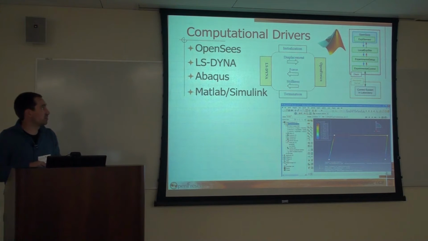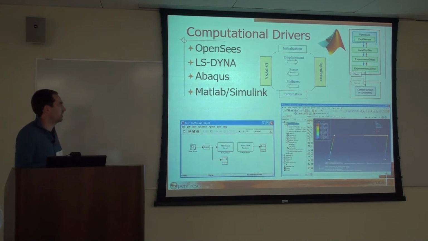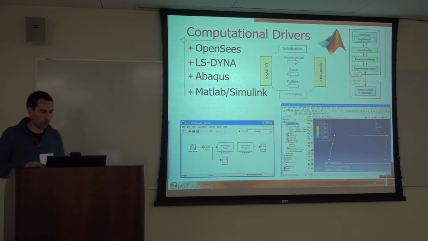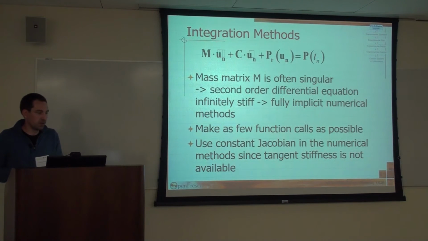We can do MATLAB and Simulink, so if you have your own implementation of your structure in MATLAB or even in Simulink, we have blocks that you can drop into your Simulink model that then make a TCP/IP connection to OpenFresco and talk to OpenFresco like that. We also, as Sean touched on, in collaboration with MTS, finally implemented the connection with ANSYS, so that's available as well.